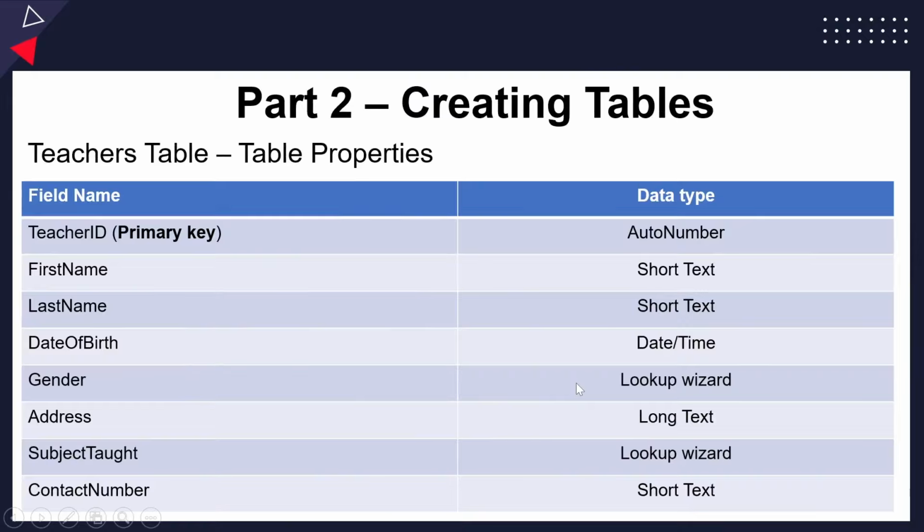We have teacher's ID, which we shall give auto number. We have first name, which we shall give short text, because that is similar to the students table, and it stores alphabets. Date of birth, we'll give it date and time. Gender, lookup wizard. That is how we'll be creating our table.